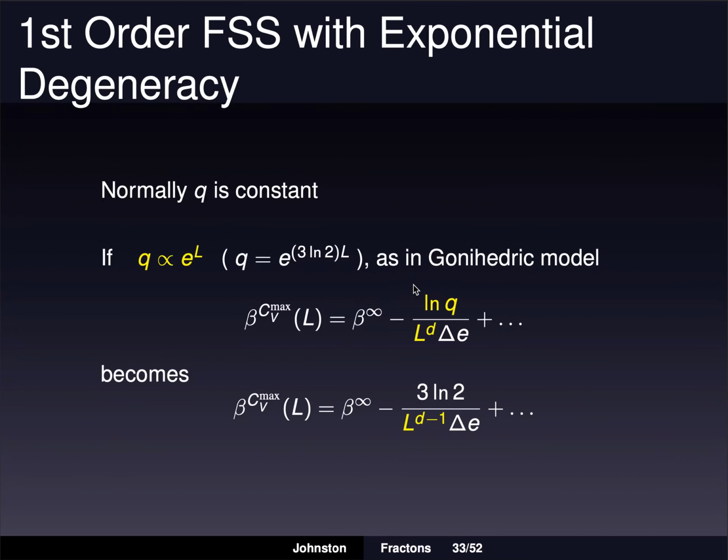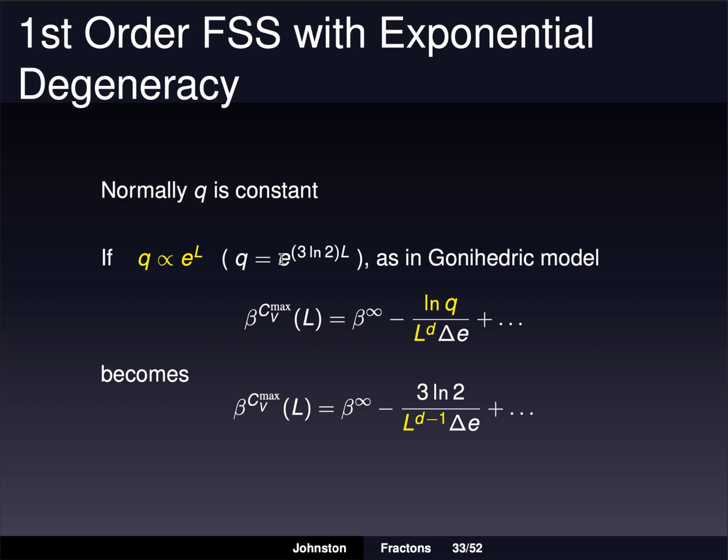So let's ask what happens to our expected finite size scaling in a first order phase transition when we've got exponential degeneracy. We can go back to the relation that we had before and notice that the number of low temperature phases Q appears in our finite size scaling relation for the shift in our estimate of the critical temperature.